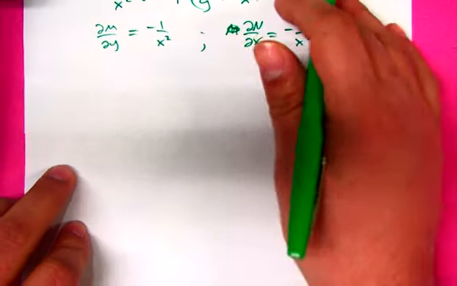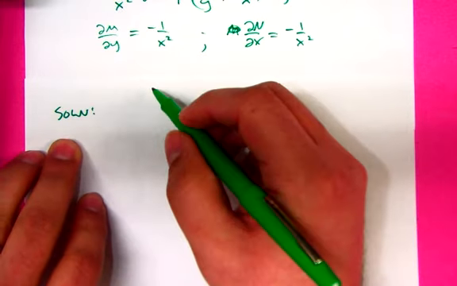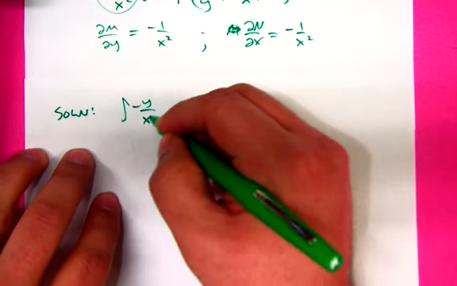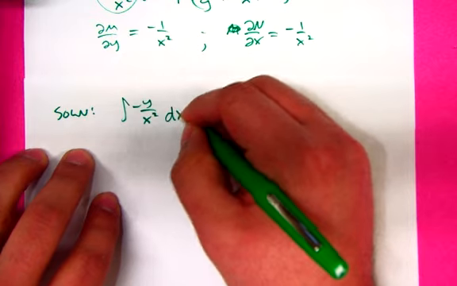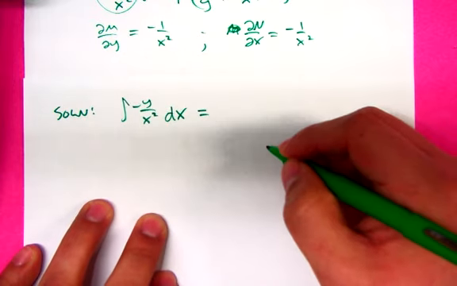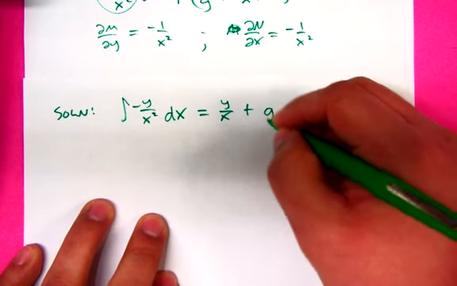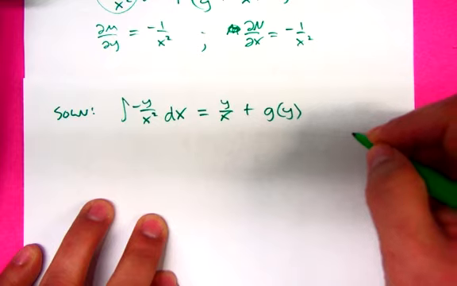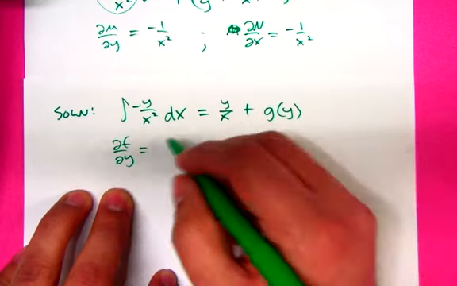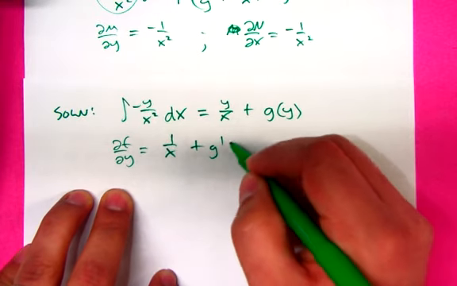Okay, so the solution we can find by taking this coefficient here, minus y over x squared dx. That would become positive y over x plus a function g of y. And then partial f partial y will be 1 over x plus g prime of y.